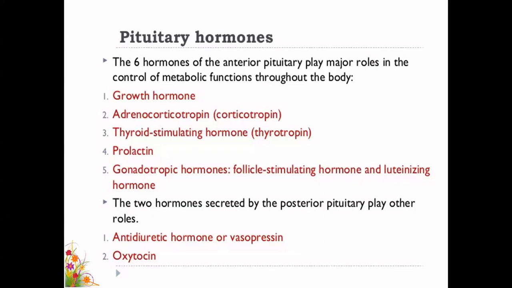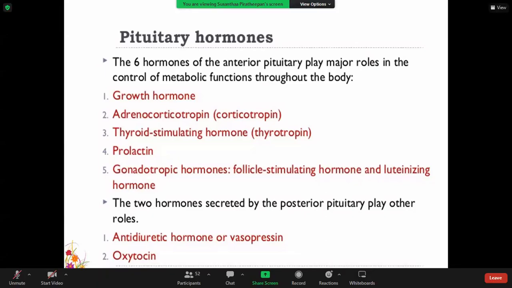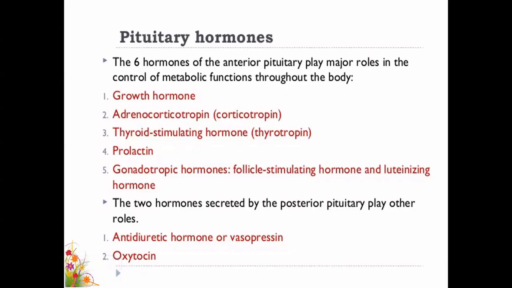The fourth one is prolactin. The fifth one is gonadotrophic hormones. There are two: FSH, follicle stimulating hormone, and LH, luteinizing hormone. These are related to the reproductive organs, both ovary as well as the testes.